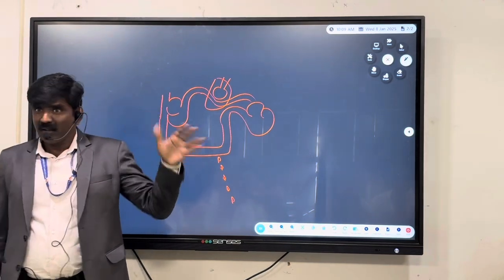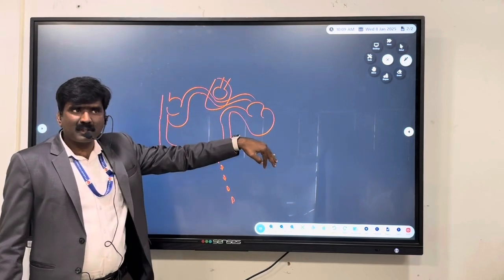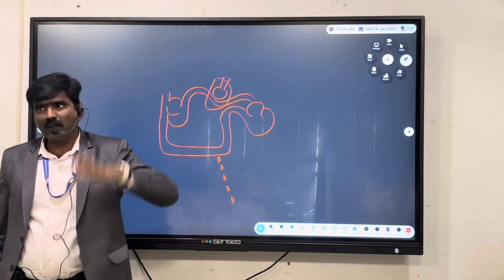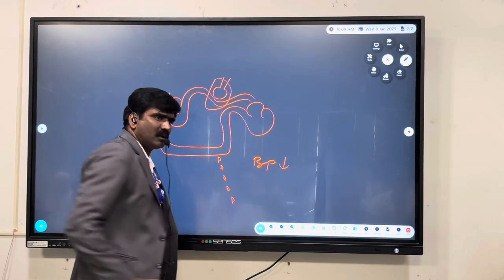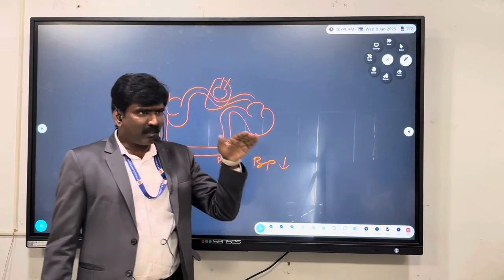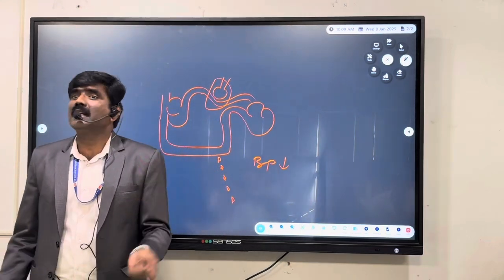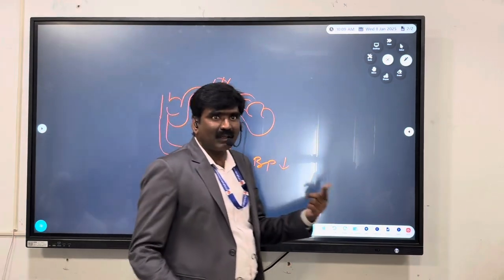Venous return will reduce, cardiac output will reduce, blood pressure will go down. So BP will go down, right? If a considerable amount of blood is leaking, then BP will go down, and immediately the neurological system will activate. That we discussed yesterday.